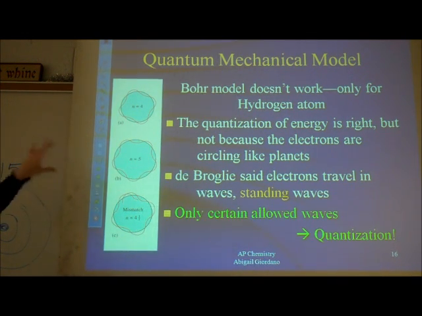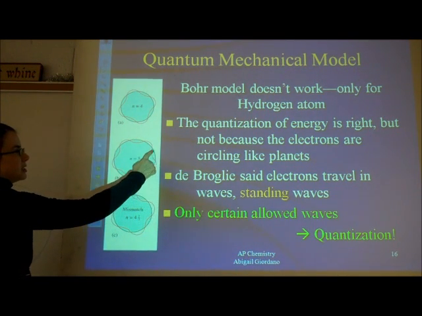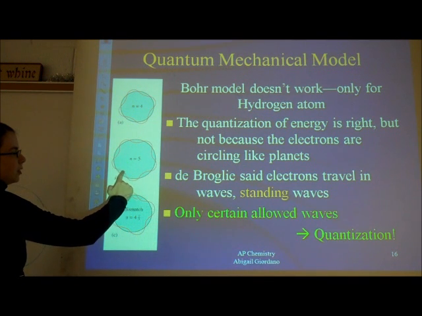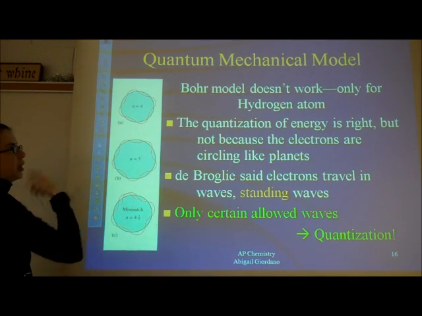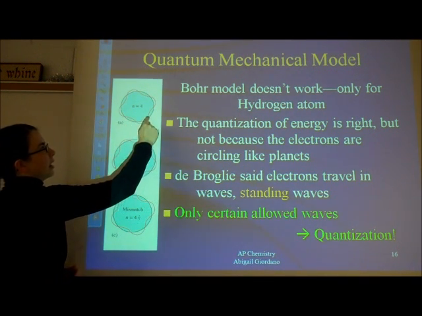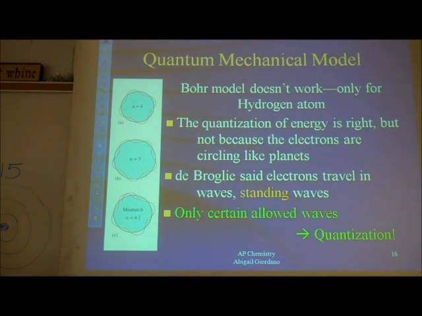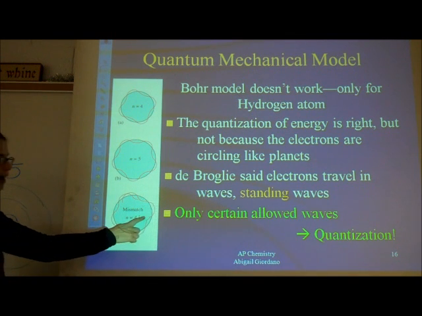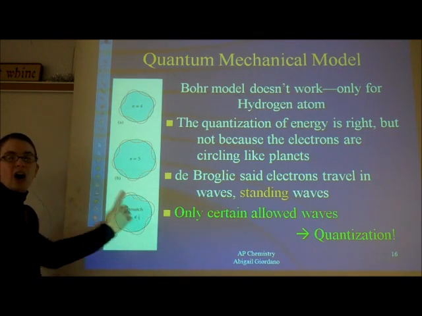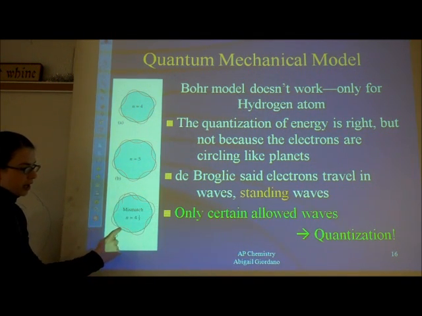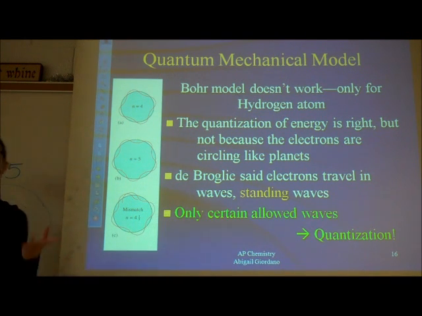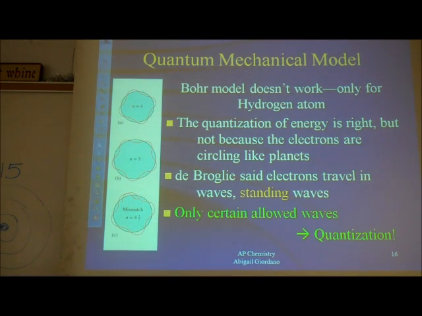For example, on energy level 5, an electron will complete 5 wave cycles. On energy level 4, an electron will complete 4 wave cycles. You are never going to have a non-integer. An electron is not going to complete 4 1/3 waves around the nucleus.